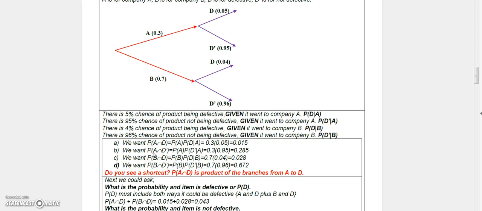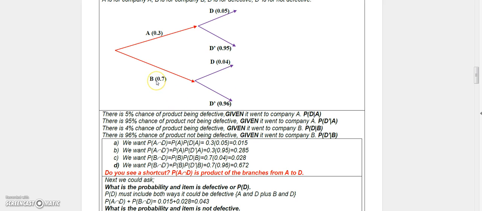Now, if we want the probability of A intersect D prime, that would be the probability of A times the probability of D prime given A. Again, that's 0.3 times 0.95. Likewise, if we want the probability of B intersect D, we take 0.7 times 0.04, like I did here.